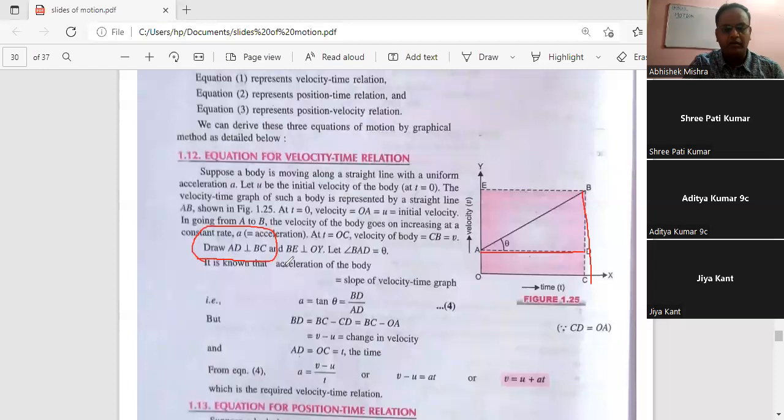And now we will draw another line BE, which is perpendicular to OY. Got it, students? So two perpendicular lines we are drawing: one is AD perpendicular to BC and the other is BE perpendicular to OY. Is it clear to all?